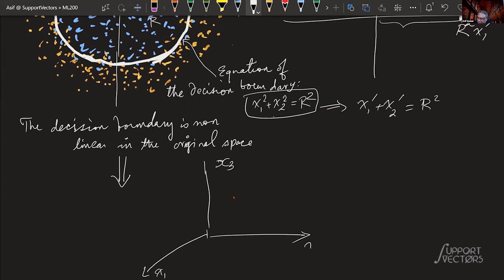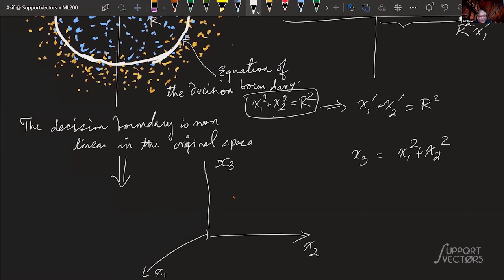Typically in school we think of not x1, x2, x3, but x, y, z. Suppose I create a z, by definition, it is x1 squared plus x2 squared.